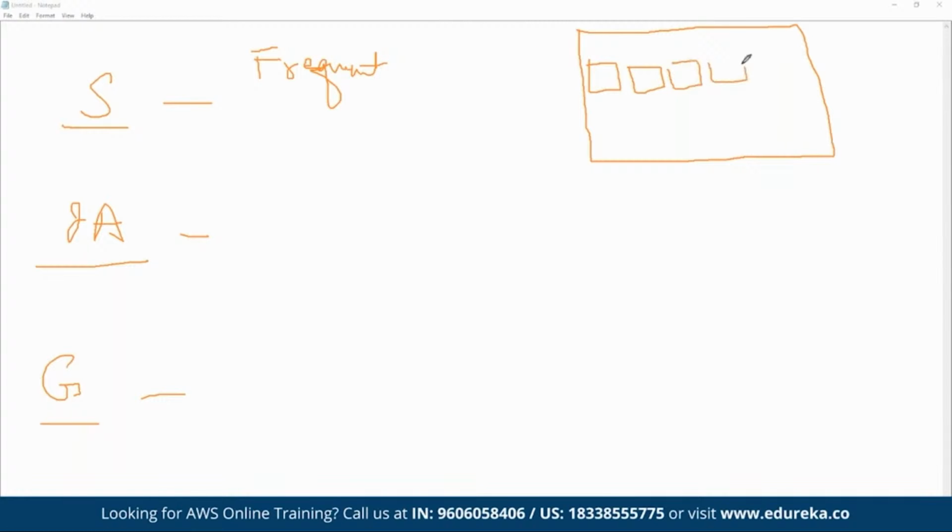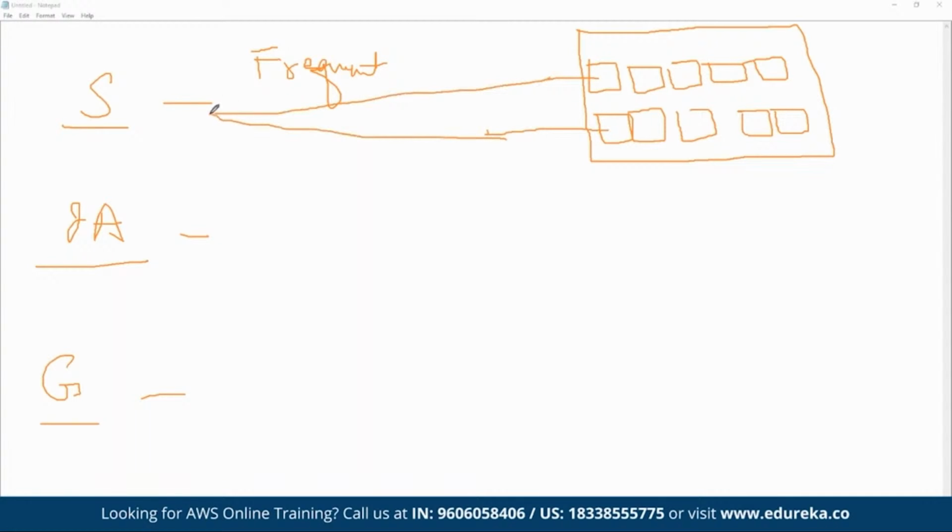These files need to be shown to the users on the website on a regular basis. Since these are recent files, we can store all of these images in the standard class in S3, because they need to be accessed on a frequent basis.